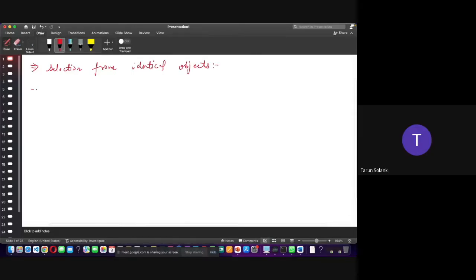So first thing, the number of combinations of n identical things taking r at a time, meaning r less than or equal to n, is 1.